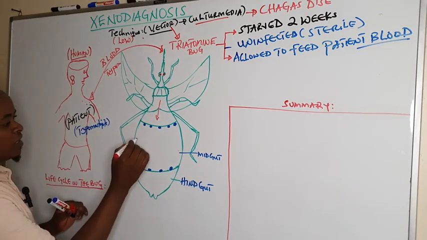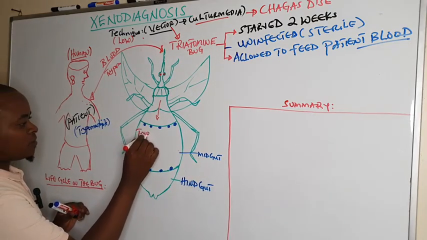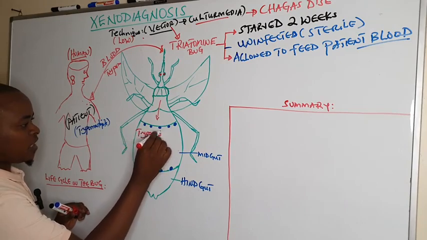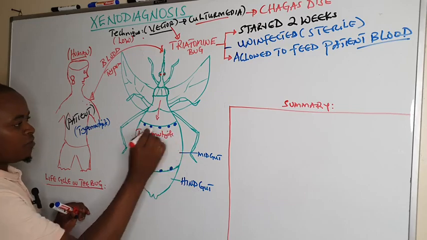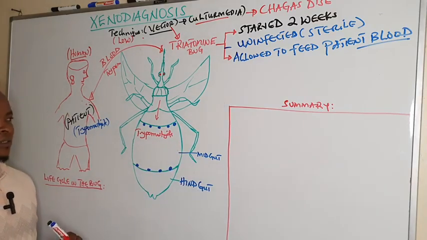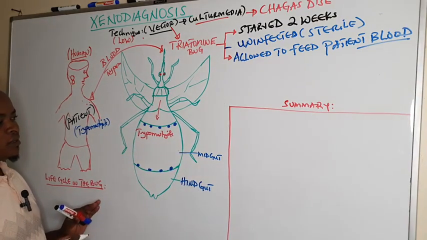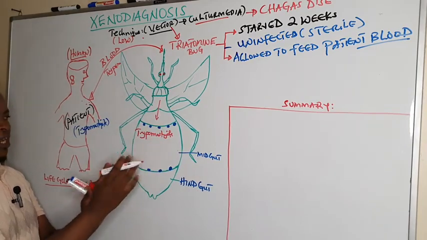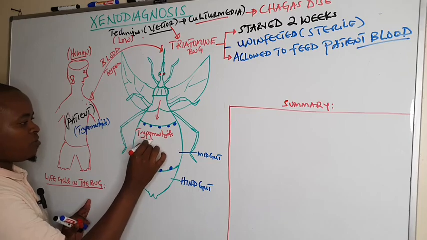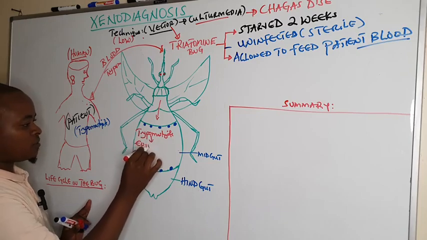After feeding on this suspected man, if the patient has them, the trypomastigotes move into the midgut. Within the midgut, they undergo metamorphosis to form the epimastigote.